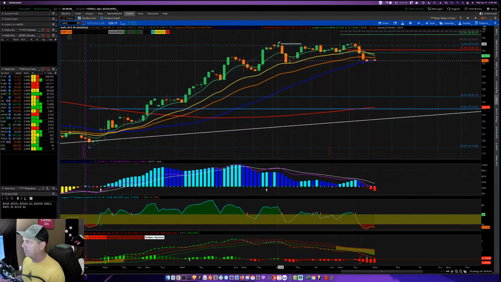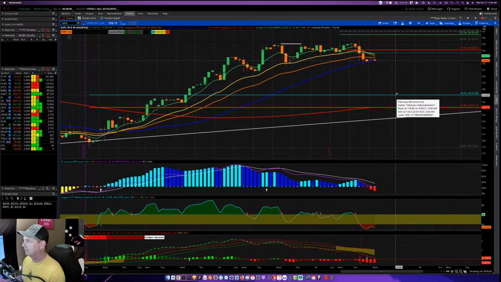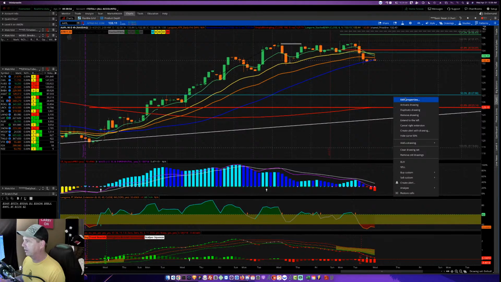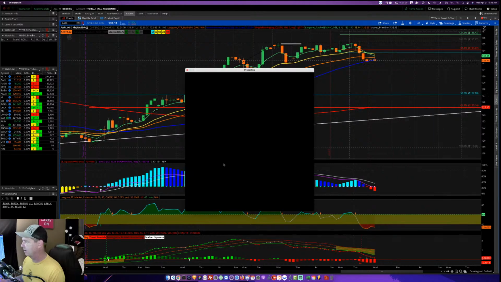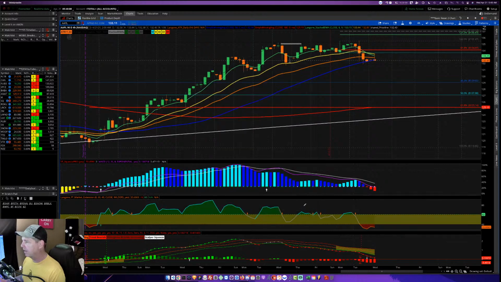If we were to do fib, that falls right in line with that 618 retracement, excuse me. 127 is another key level, which would be the 50%. I don't really use the 382, but it may be appropriate in this case.